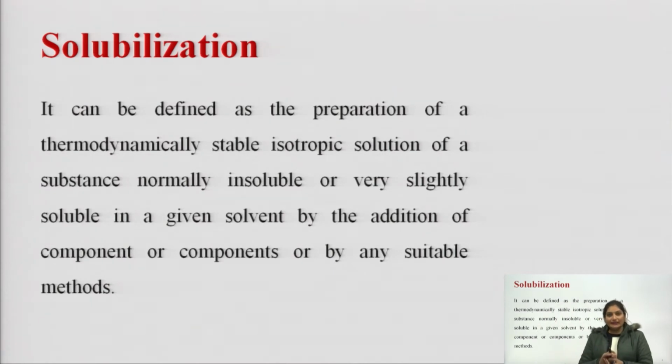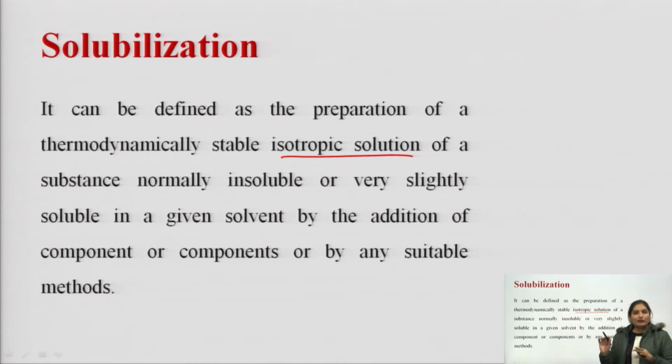Solubilization is a technique or a method that involves the preparation of thermodynamically stable isotropic solutions. Now, what do you mean by an isotropic solution? A solution which is formed and where the physical properties are uniform throughout. So, it is an isotropic solution.